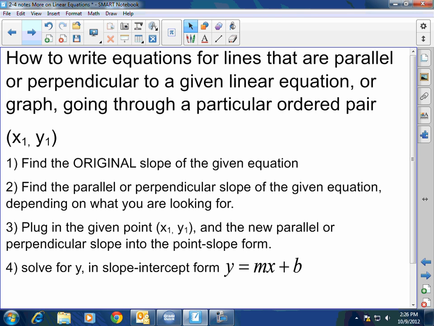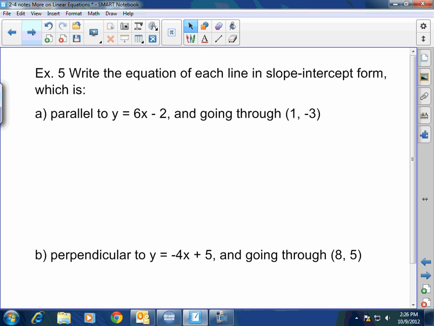If you're looking for perpendicular, then you're looking for the negative reciprocal. Third, plug the given point x1, y1 and the new slope into point-slope form. Remember point-slope form? It helps us write equations. Then at the end, solve for y in slope-intercept form, y equals mx plus b. Let me show you how this works, and it is easy, I swear.